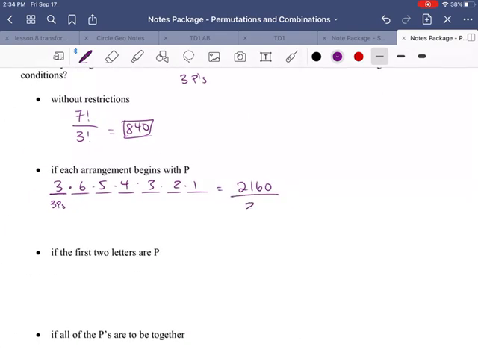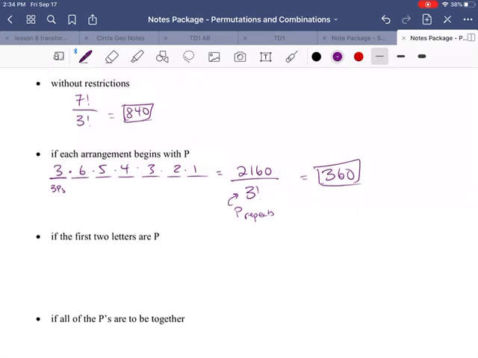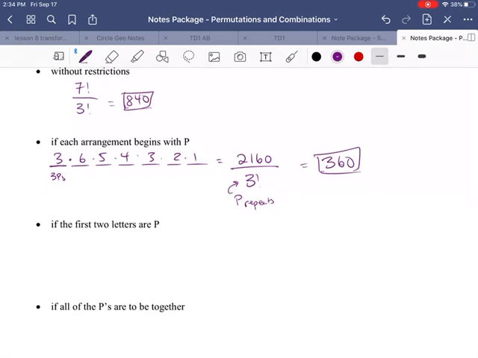But divide that by the P repeats. Okay. And we get 21. Oops. Do not get 21. We get 360 arrangements.